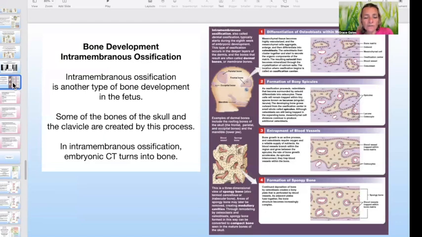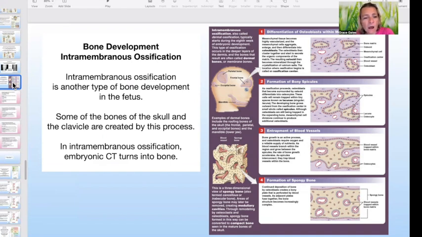There is another kind of bone development called intramembranous ossification. It is how some of the bones of the skull and also the clavicle are created. And in intramembranous ossification, embryonic connective tissue turns into bone rather than hyaline cartilage turning into bone.